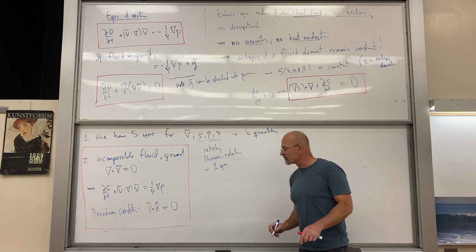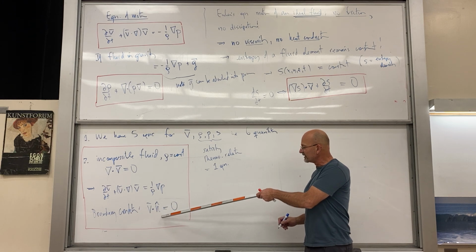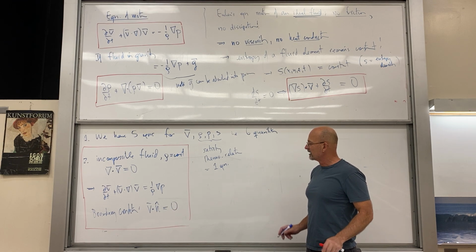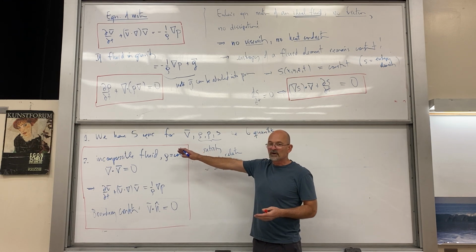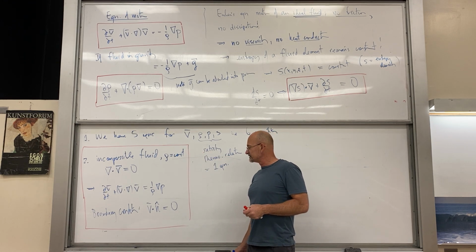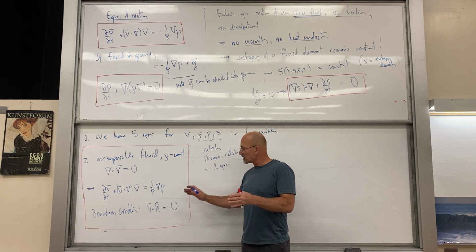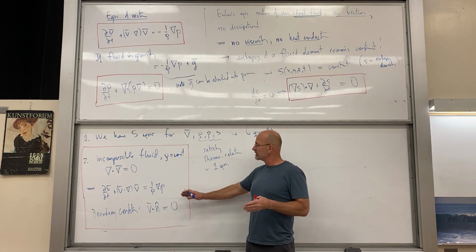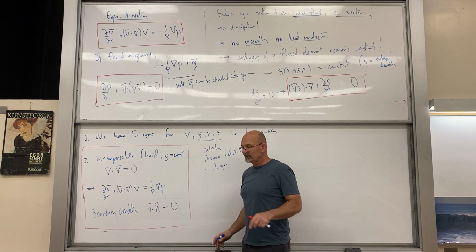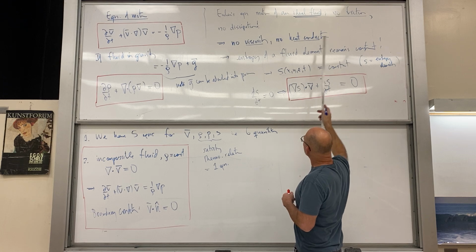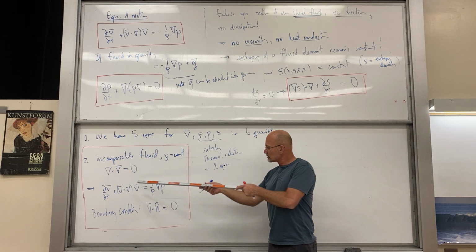The dot product of the velocity field and the surface normal at a fixed surface is equal to 0. So there you have a complete set of equations that would characterize a whole bunch of fluid mechanical problems. They would be ideal, no viscosity, no heat conduction, and these would be the fluid flows.